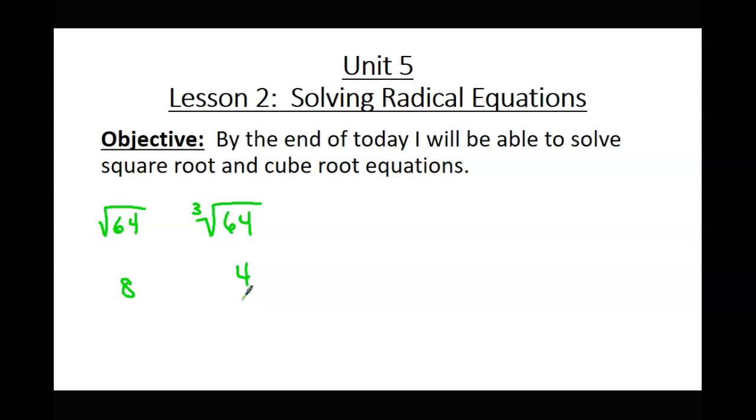So square roots are looking for what number multiplied by itself would give you 64, right? And so the answer is 8 times 8, right? But with a cube root, we're looking for what number multiplied by itself 3 times would give you 64. And the answer is 4. I'm going to try another one real quick.